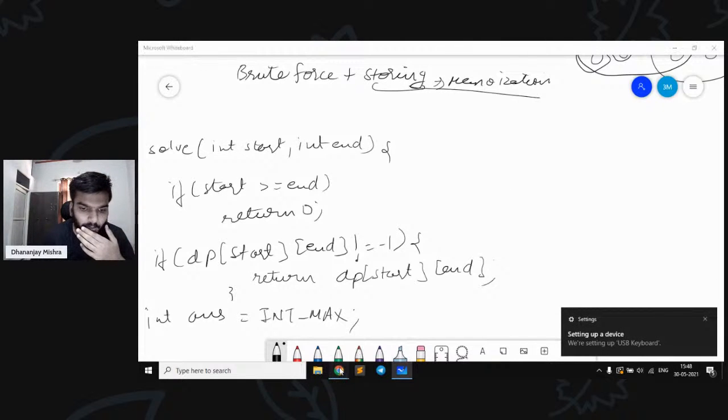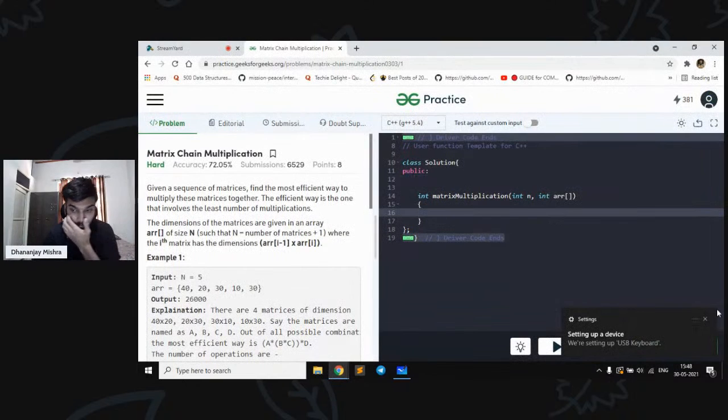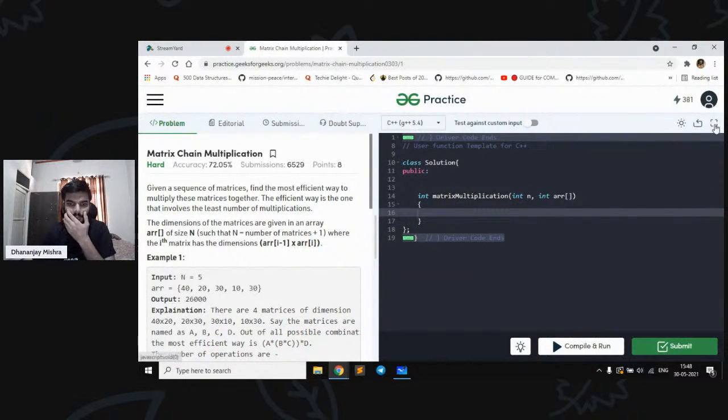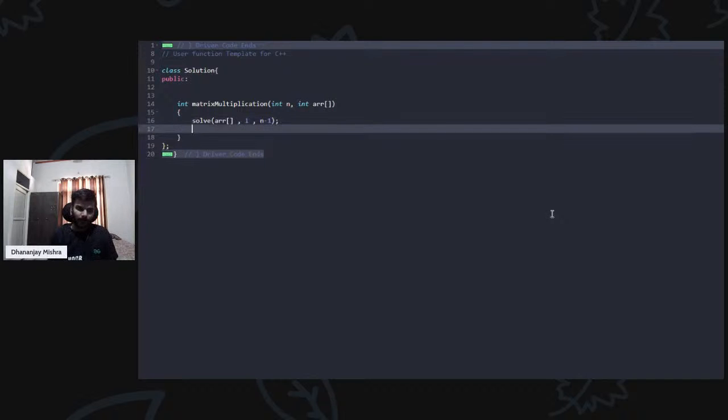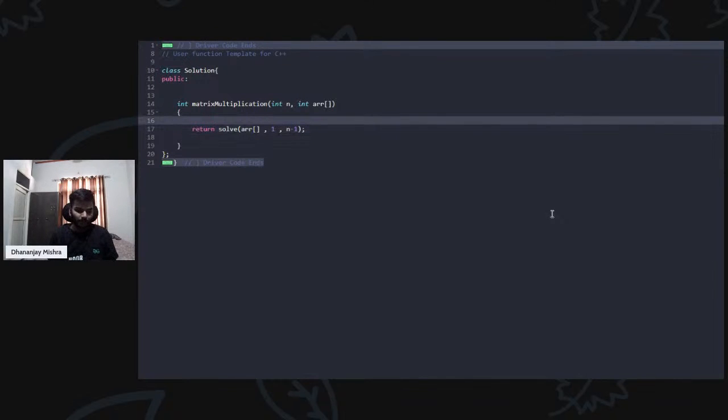Okay, so this was our question, right? Moving further, first of all, we were calling a recursive function, right? The arguments we passed to the recursive function were our array, 1 as the start, because, as we discussed, why 1 and not 0, and n-1 as the end. As solve will give me a value, it will return an integer value, and we have to return that integer value.